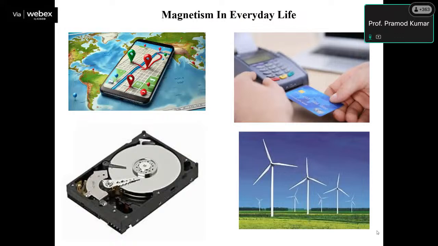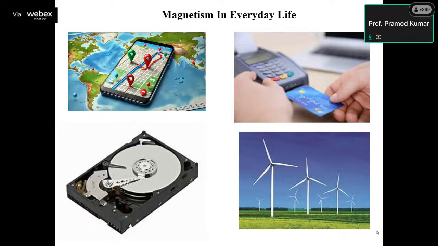In our surroundings, we use magnetic properties in several places: in GPS tracking systems, in credit cards, in hard disks, and even in electric power generation, where we have used this magnetic concept for a long time.